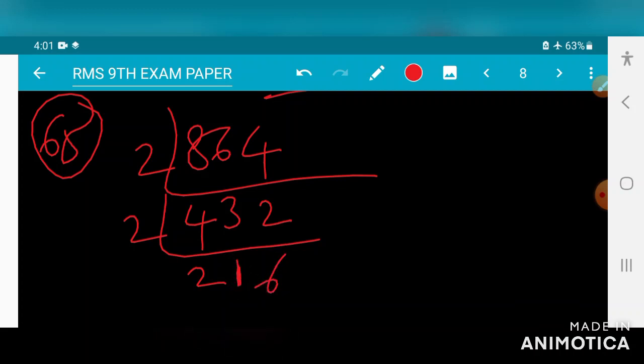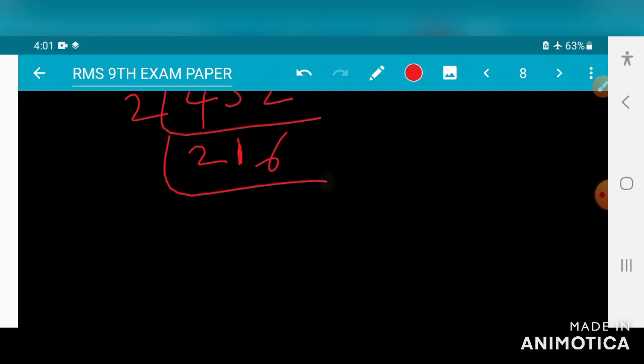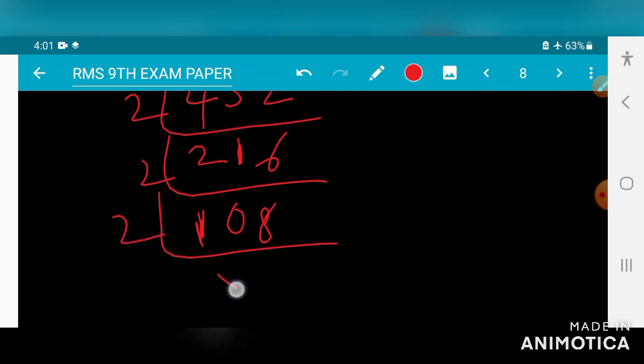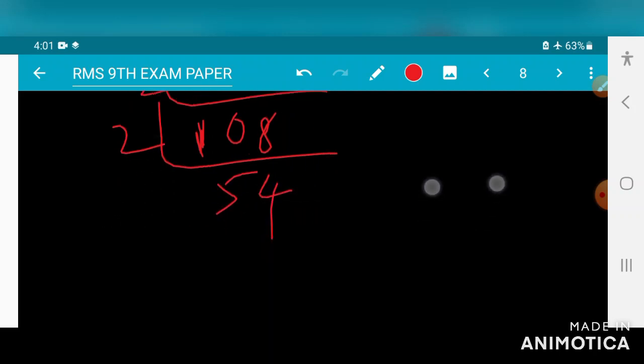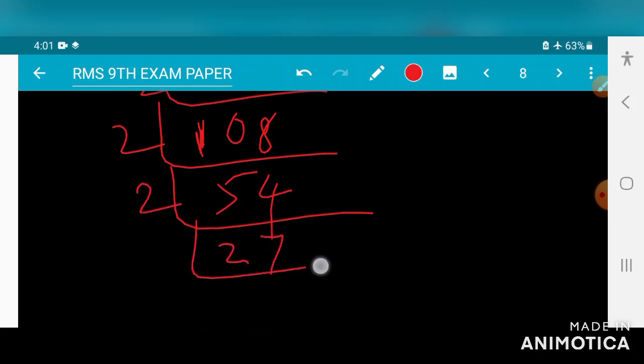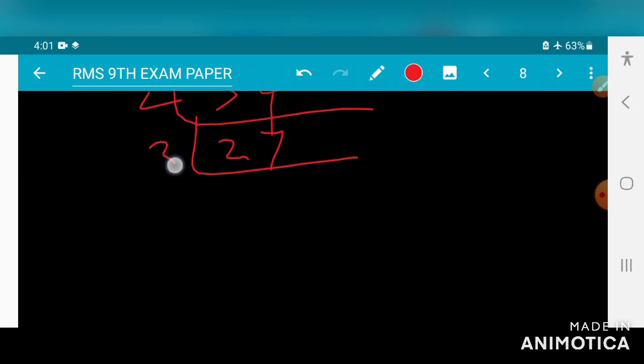Next, 2 8s the 16. 2 2s the 4. Now 27: 3 9s the 27. Again 3 3s.